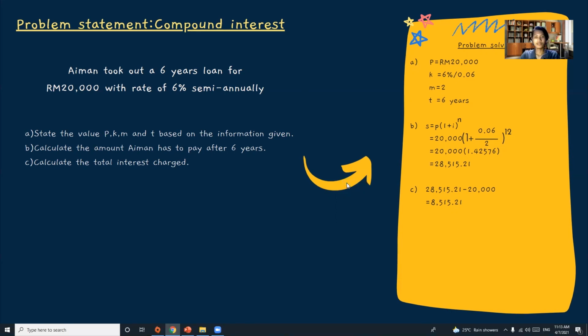The answer is 28,505.21. C: 28,505.21 minus 20,000, and the answer is 8,505.21.